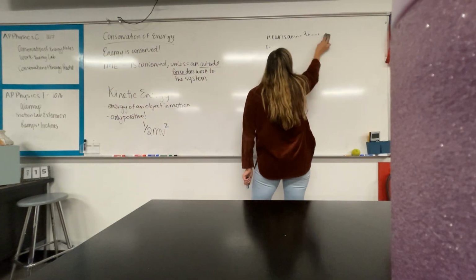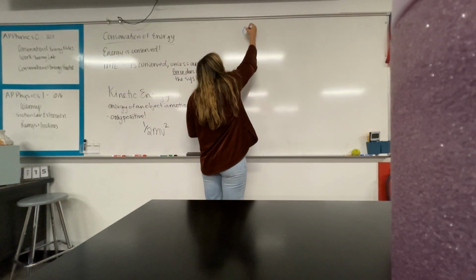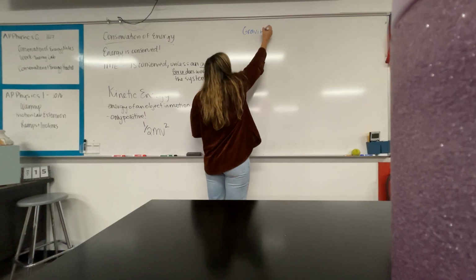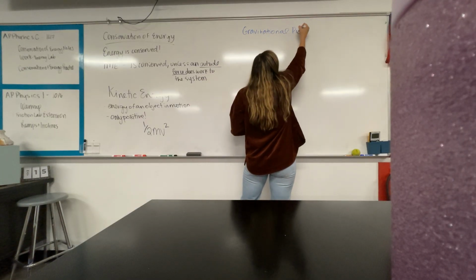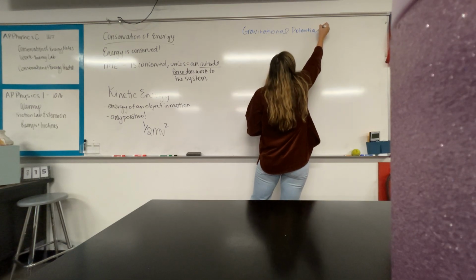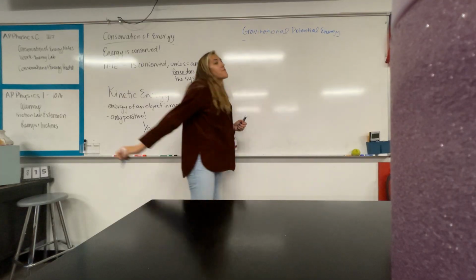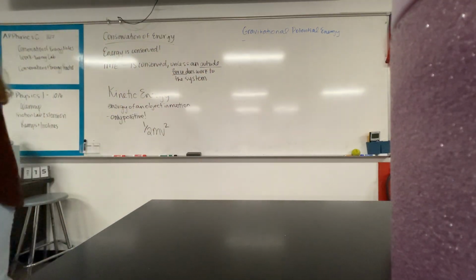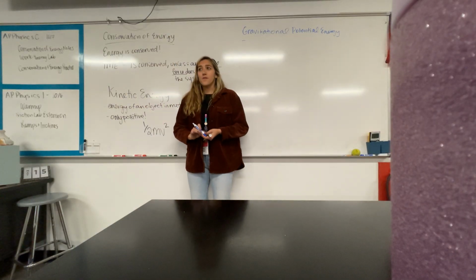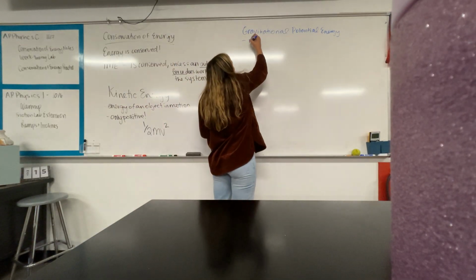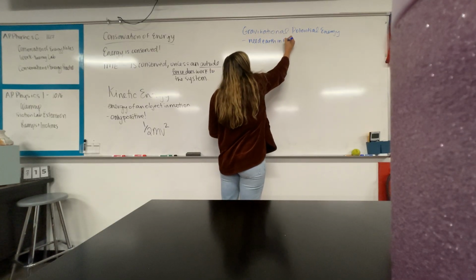The next one is gravitational potential energy, which I don't say all of those words very often because it's a lot to write out. What do I need in my system in order to have gravitational potential energy? The Earth. Need Earth in the system.